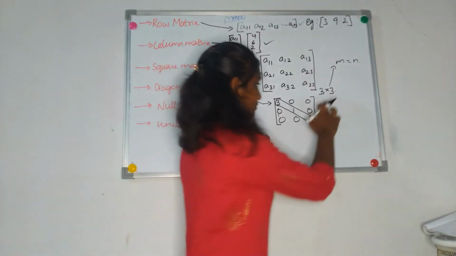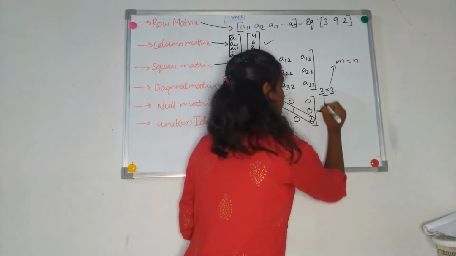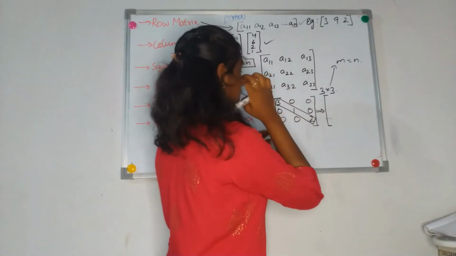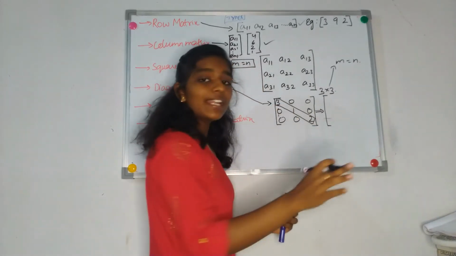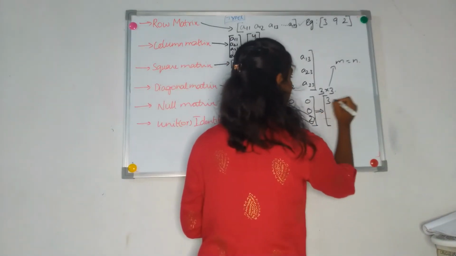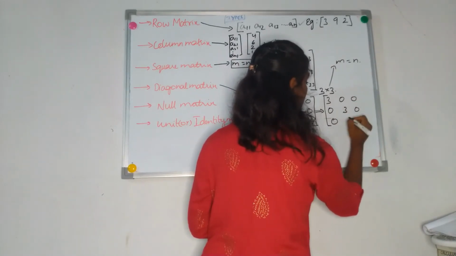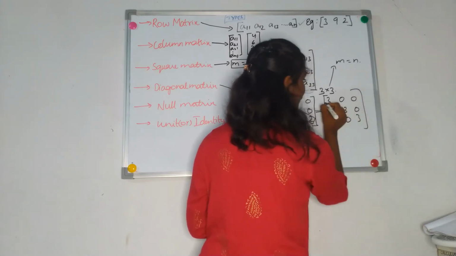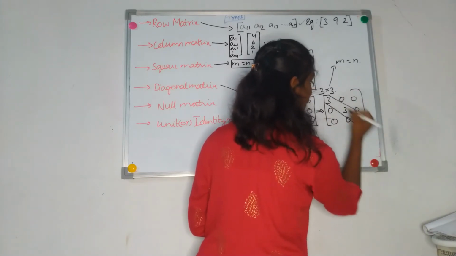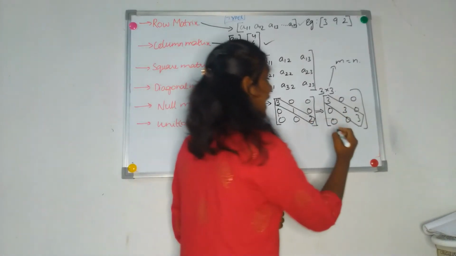And now, in a diagonal matrix, if all the diagonal elements are equal, that is 3, 0, 0, 0, 3, 0, 0, 0, 3, here all the diagonal elements are equal to each other. Am I right? Then that type of matrix will be called a scalar matrix.